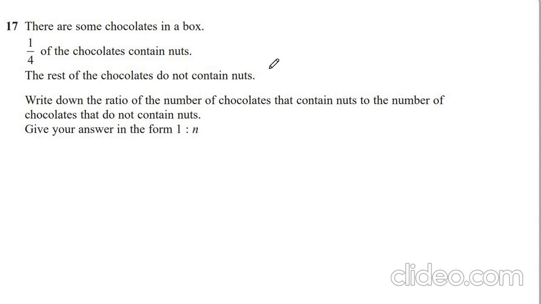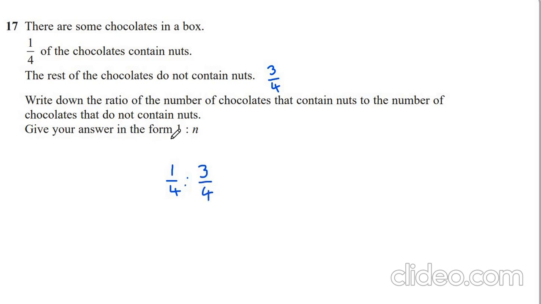The rest of the chocolates that do not contain nuts will be 3/4. Ratio of the number of chocolates that contain nuts to the number of chocolates that do not contain nuts. So that will be 1/4 to 3/4.